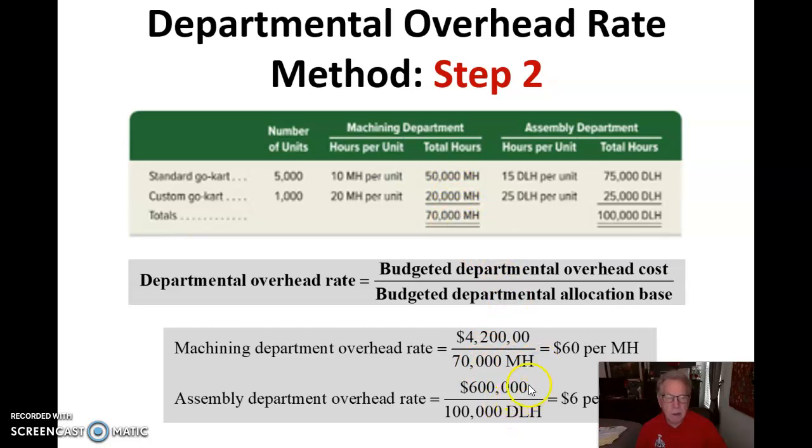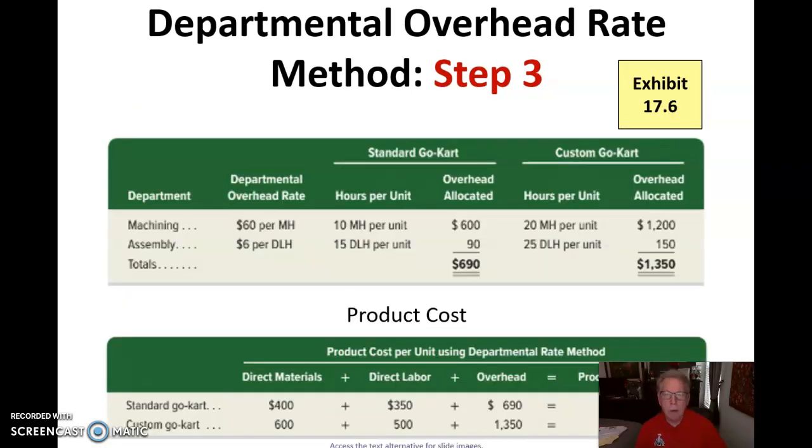And we do the same thing with the remaining 600,000 in the assembly department. We're going to allocate that based on direct labor hours, which is unchanged from the plant-wide rate. So that comes out $6 per direct labor hour. So now we're going to take those numbers and multiply them through.